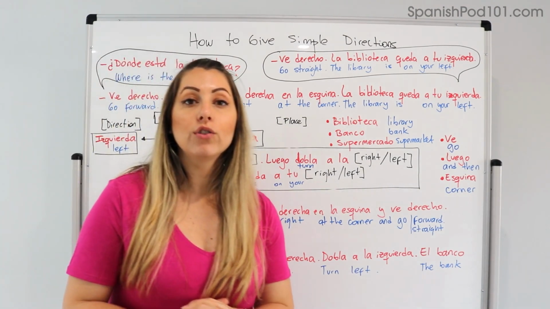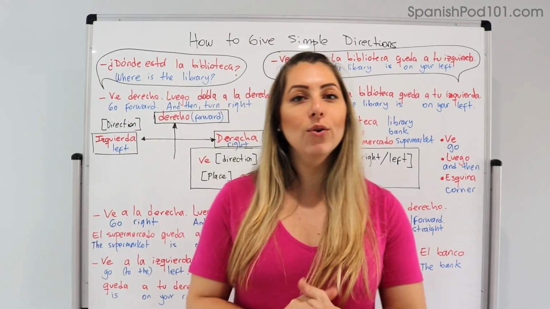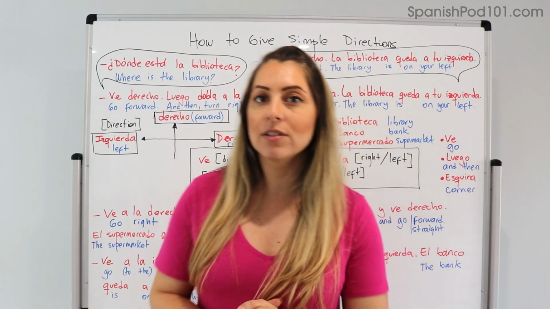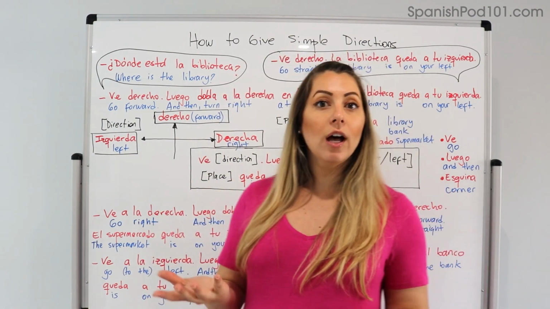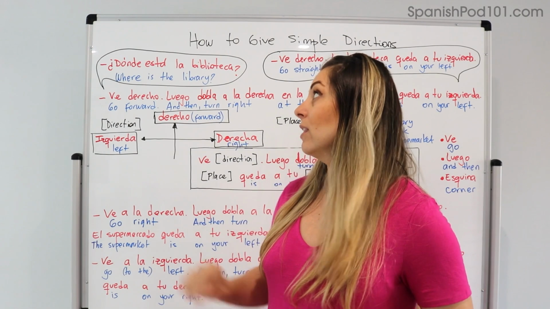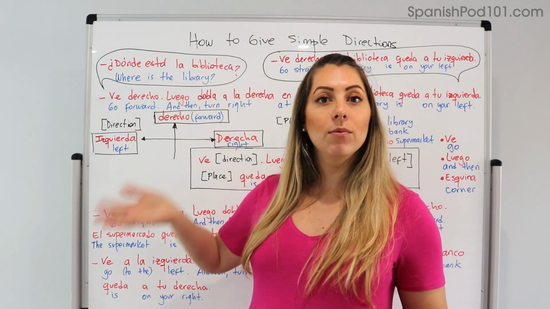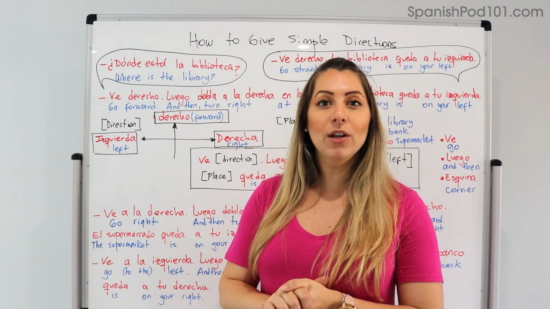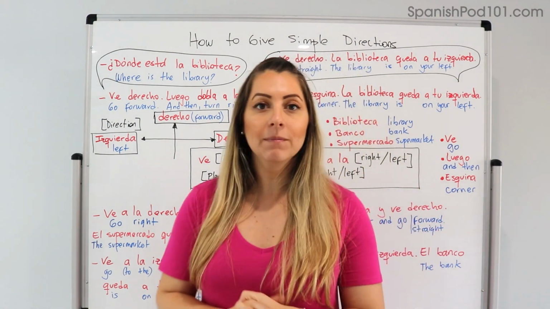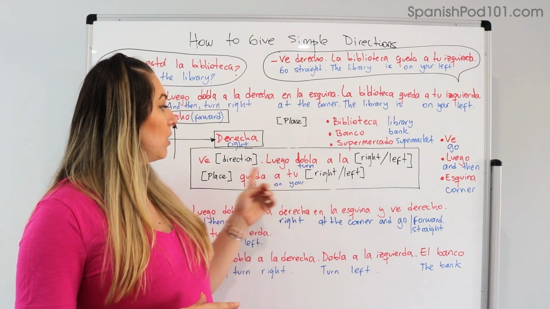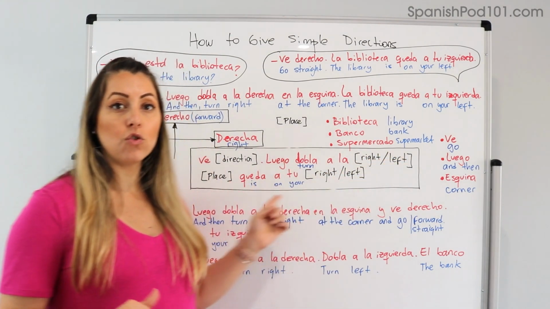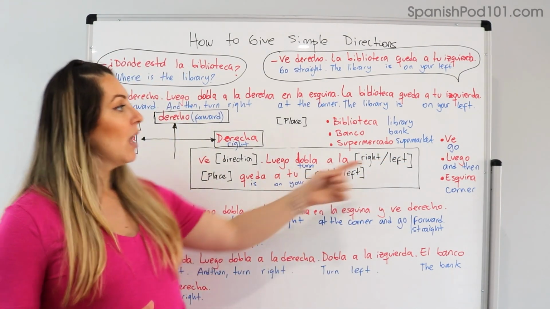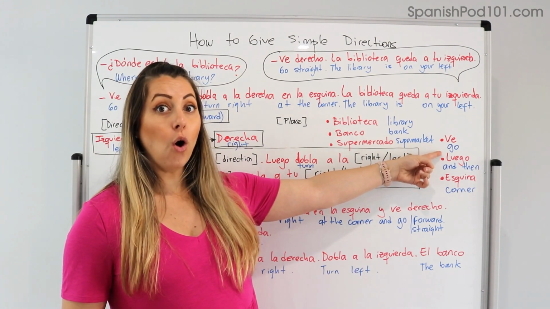Vamos a ver otros ejemplos. Let's have a look at some examples. So let's go to the initial question that we started this lesson with. ¿Dónde está la biblioteca? Where is the library? And remember, we're going to have to use this structure. Well, we're going to say ve. Ve significa go, remember?